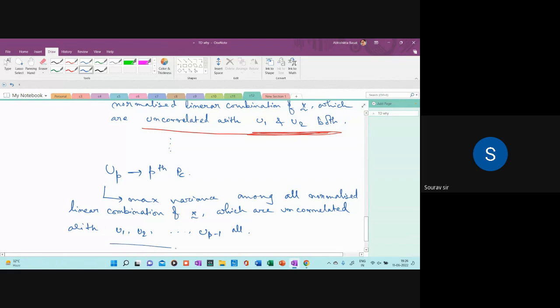That is, for this set, it should be uncorrelated with all previous ones. Then only we can choose up. So all the components should be independent.